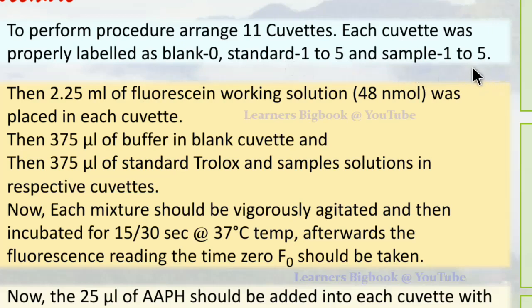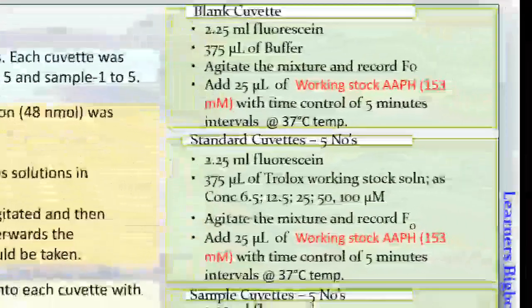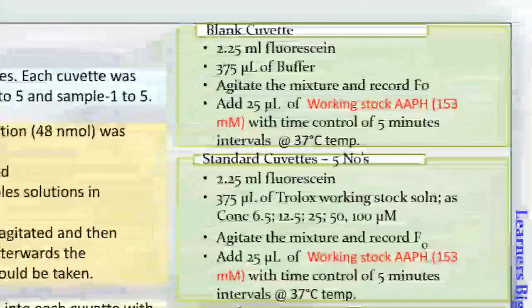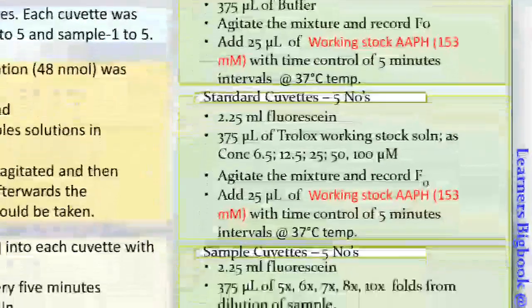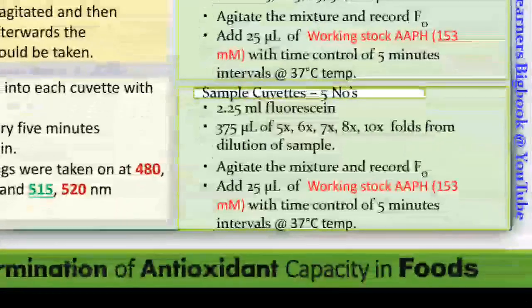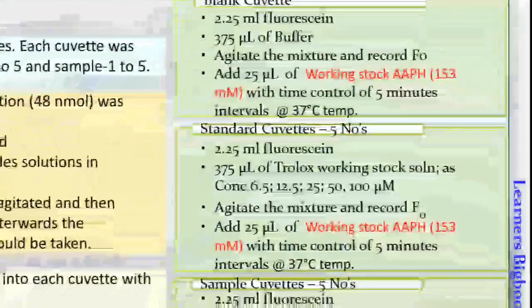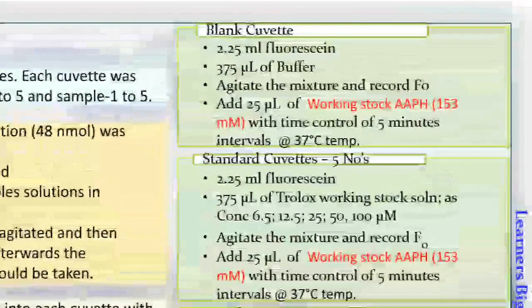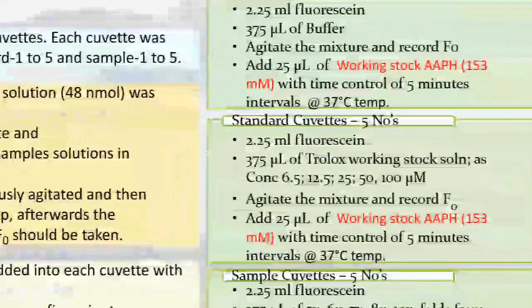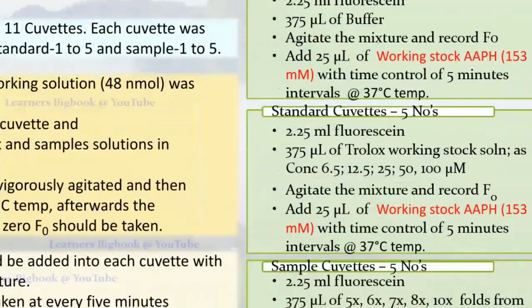Now here we have created this particular side reference, showing what chemicals the blank is going to have, and what chemicals the standards and the samples are going to have. So here you can see the blank. This we are going to discuss again when we discuss the procedure and the protocol.